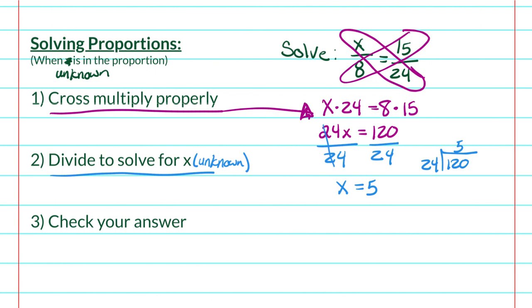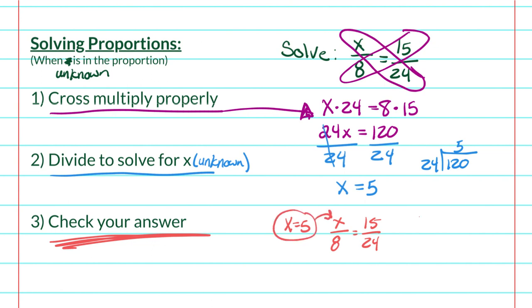Now, we have solved for x, so we know what our unknown is, but we have one more step just to make sure we're not missing anything, and that is to go back and check your answer. Since we know x equals 5, here's the original problem, x over 8 equals 15 over 24. Rewrite the problem with this in for x. So 5 over 8 equals 15 over 24.